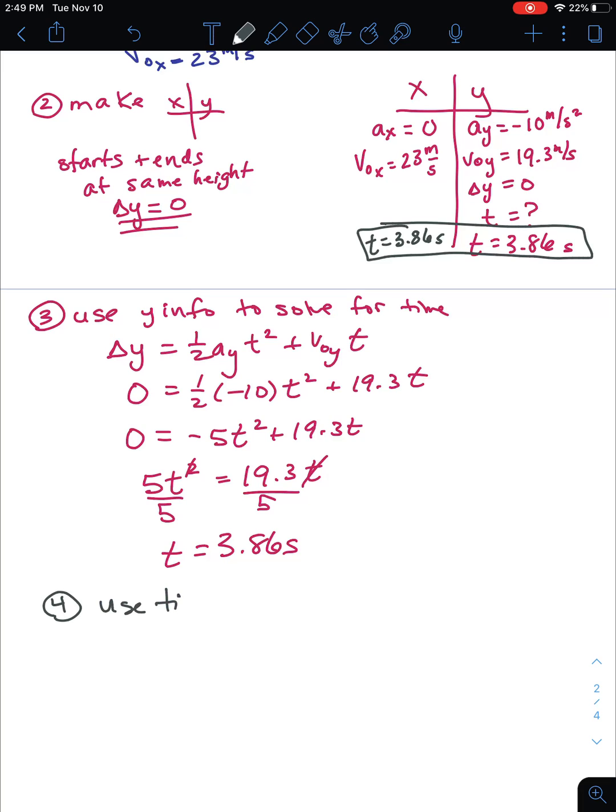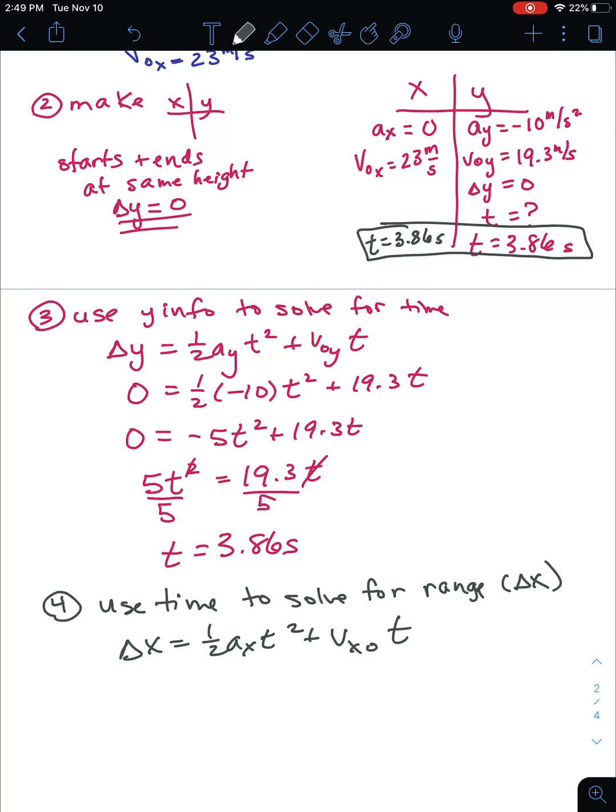Using the time to solve for the range is just a fancy way of saying delta x. And so what I'm going to do now is use the bulldozer again, but in the x direction. It's always the same equation that I'm using. It's just what do I plug in? In the x direction, the acceleration is 0.